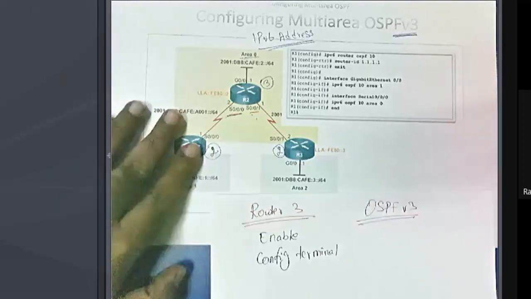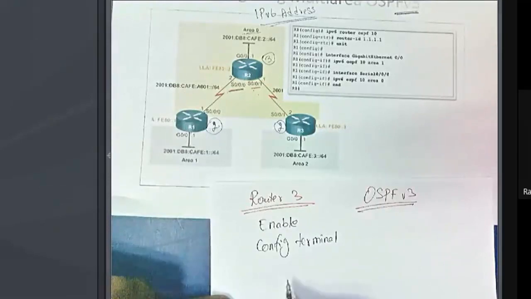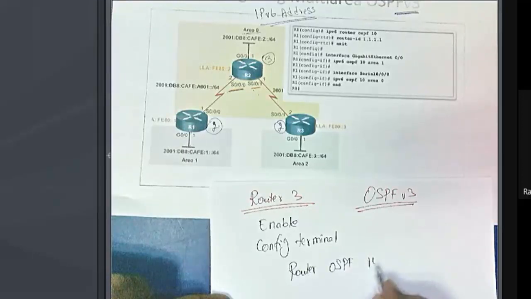Next, I want to make the process ID: router OSPF, this is process ID 10, for IPv6.